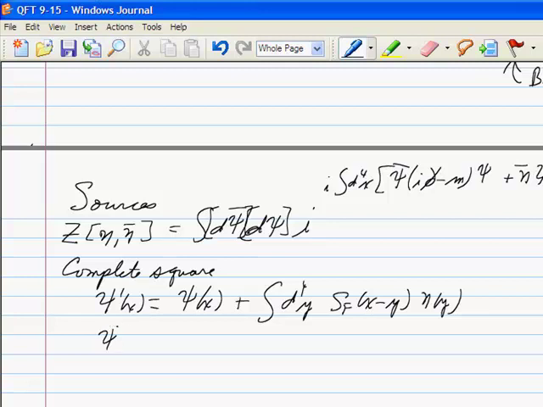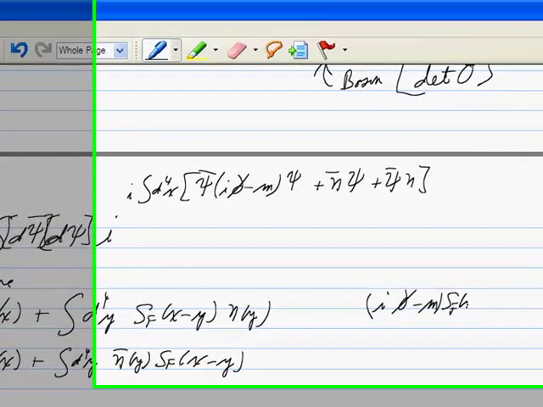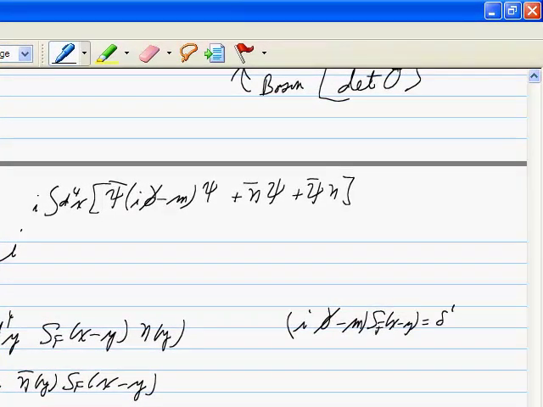And psi bar prime of x is psi bar of x plus the integral d4y, eta bar of y, S_F of x minus y. And then since I'm going to use (i d-slash minus m) S_F is delta 4 of x minus y.